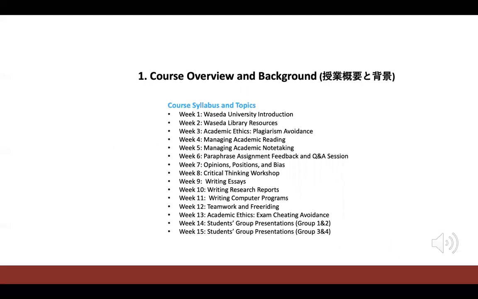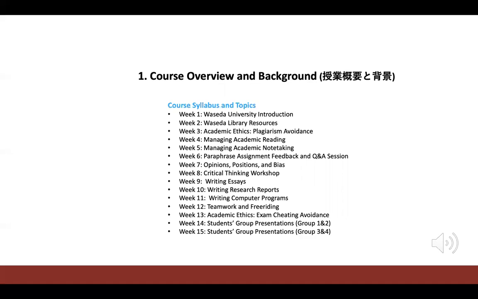These are the weekly topics for our course. First, Waseda University Introduction. Second, Waseda Library Resources. Third, Academic Ethics, Plagiarism Avoidance. Fourth, Managing Academic Reading. Fifth, Managing Academic Note-Taking. Sixth, Paraphrase Assignment Feedback and Q&A Session. Seventh, Opinions, Positions, and Bias.